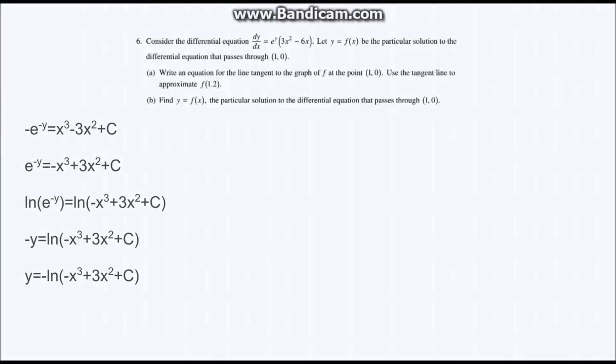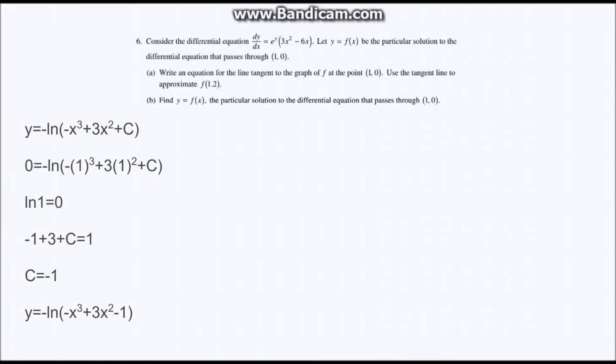Then we divide both sides by negative 1, and we get y equals negative ln of (negative x cubed plus 3x squared plus c). Now, because we have a constant in our equation, we have to solve for c.